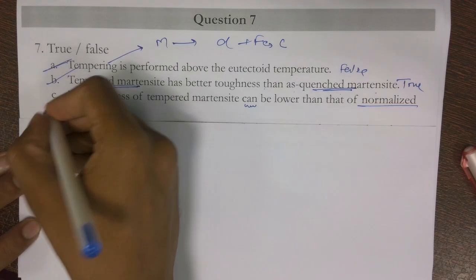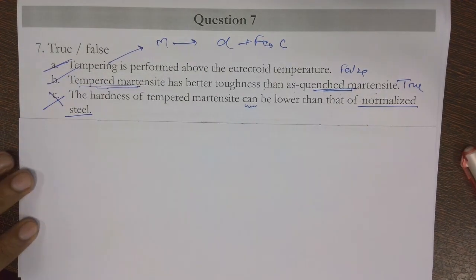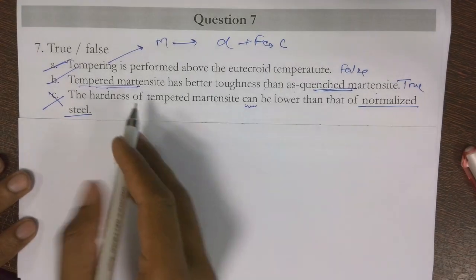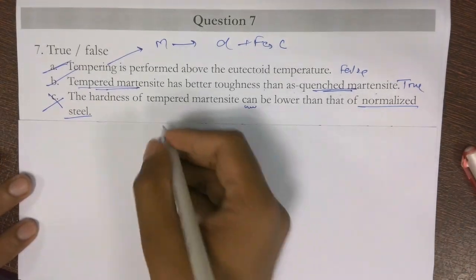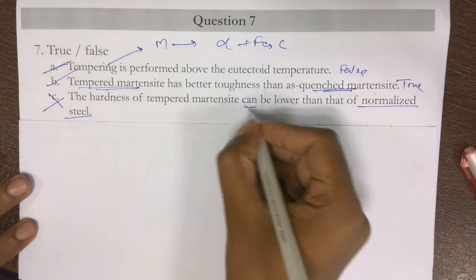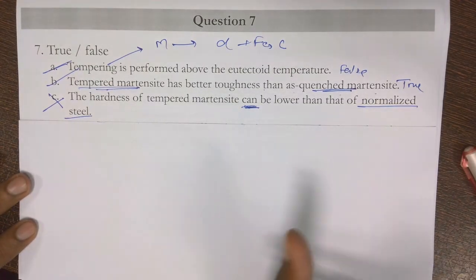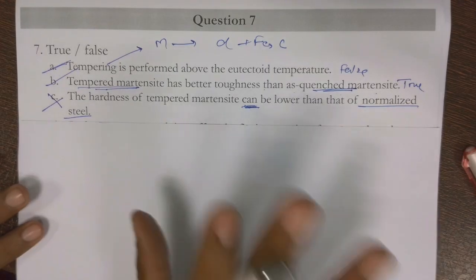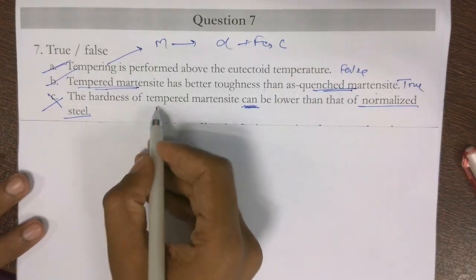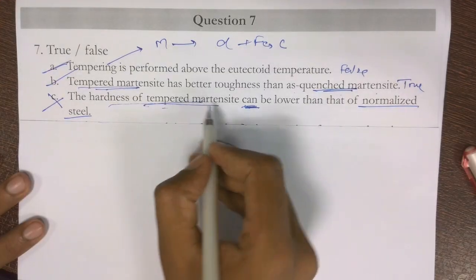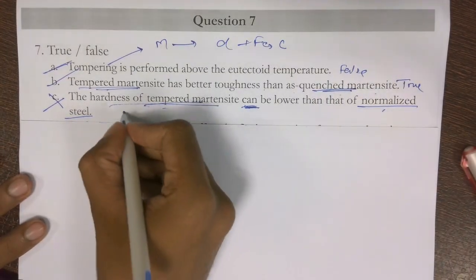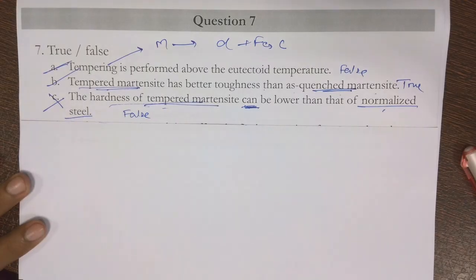The question, the way it is made, is not that. Usually, on a larger scale, tempered martensite will have more hardness than the normalized steel. So since they use the word can, the question will be valid. So the tempered martensite will definitely have more than the normalized. So the answer is false here. Okay.